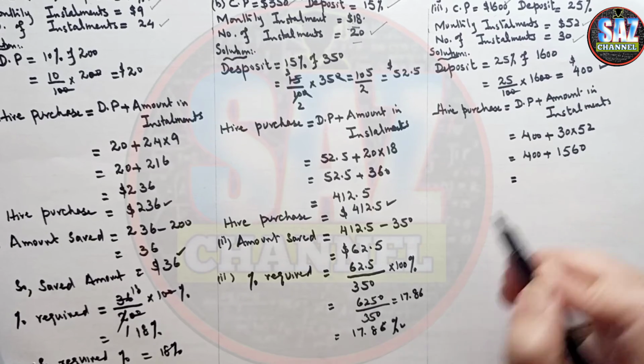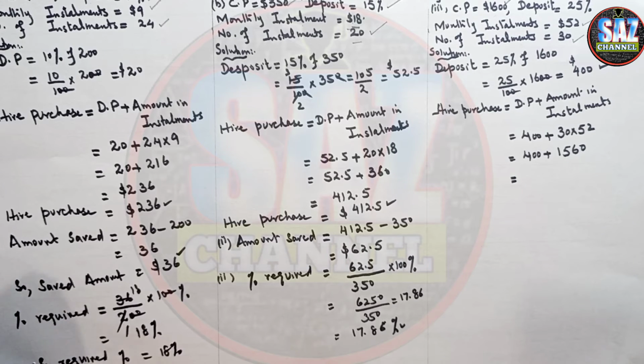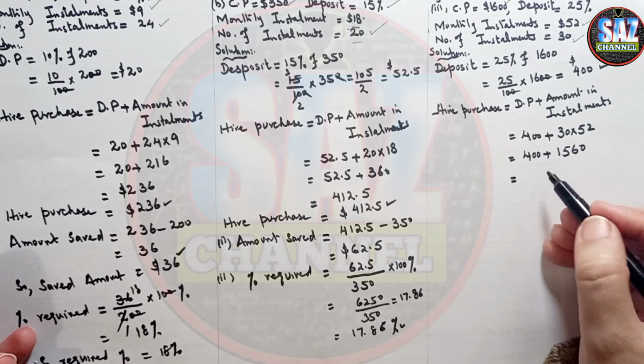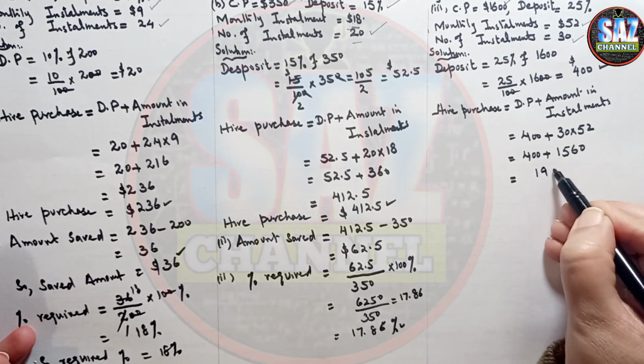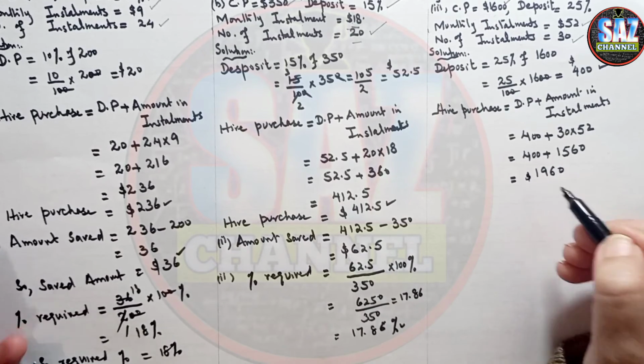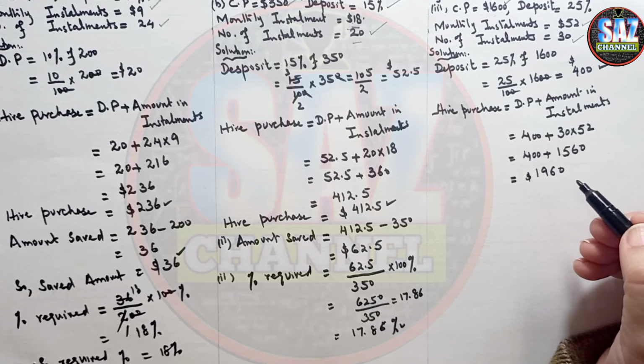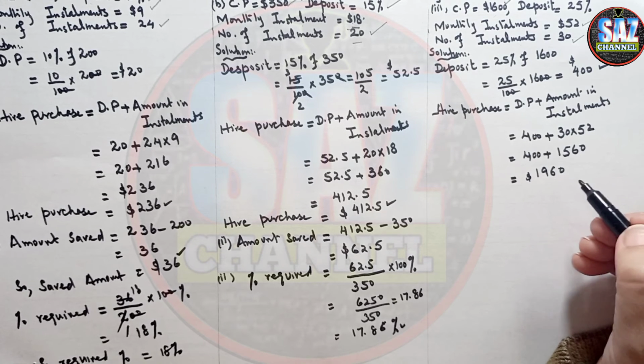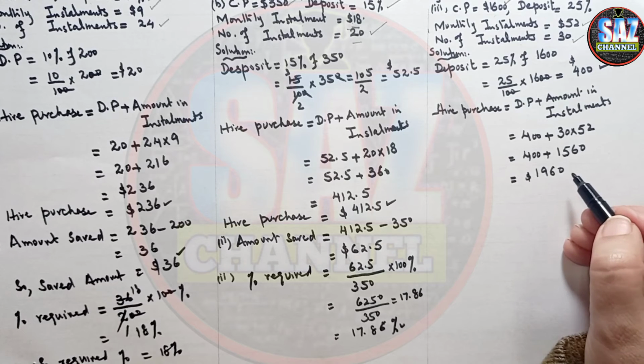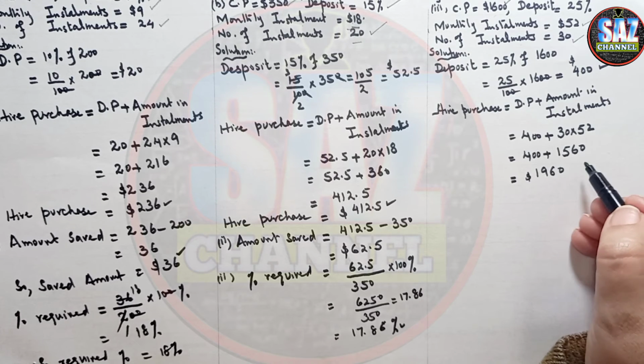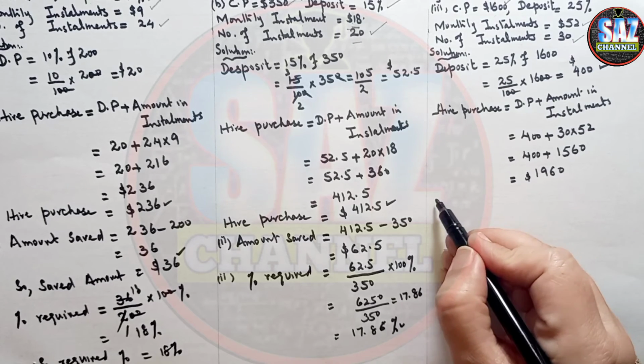Let me add them up. So when I'm adding 400 to that, it will give me 1,960. Okay, if I am purchasing that sofa at the actual cash price, I just have to pay $1,600, but if I'm purchasing it on hire purchase conditions, then I have to pay 1,960. So this is the hire purchase price.